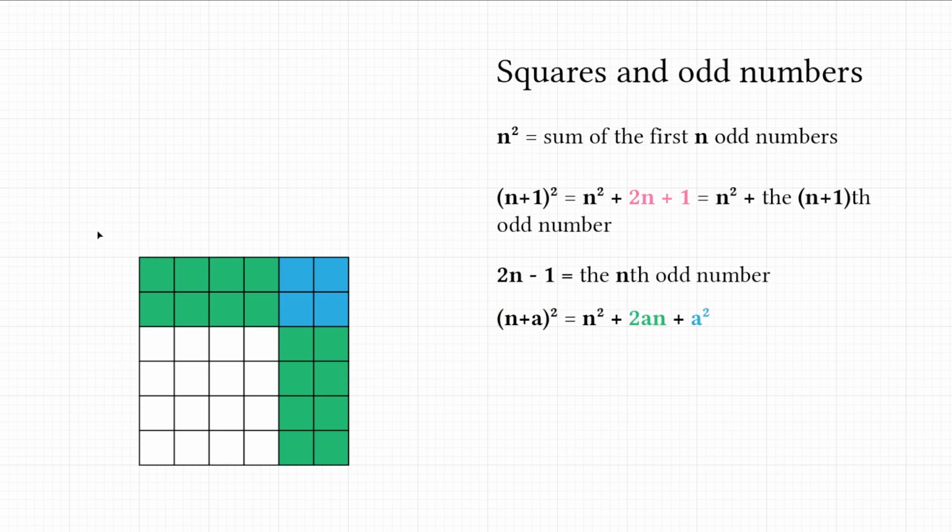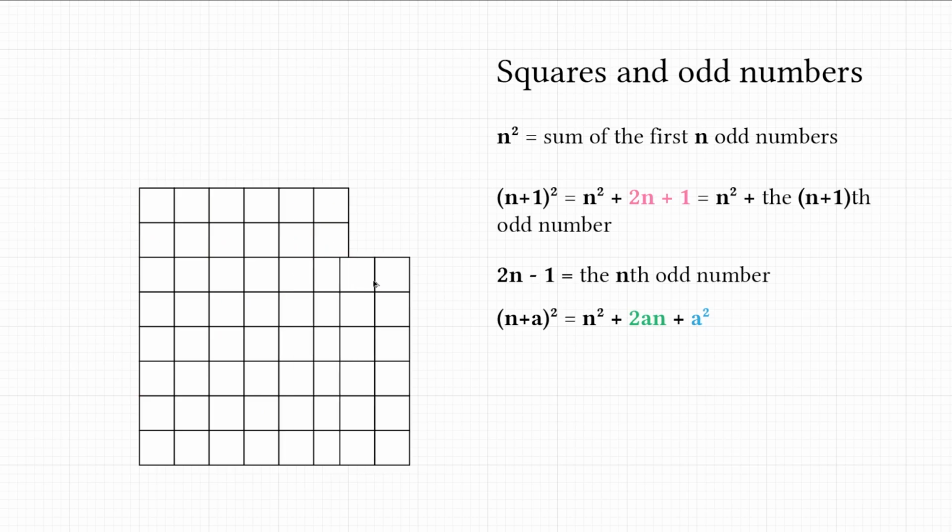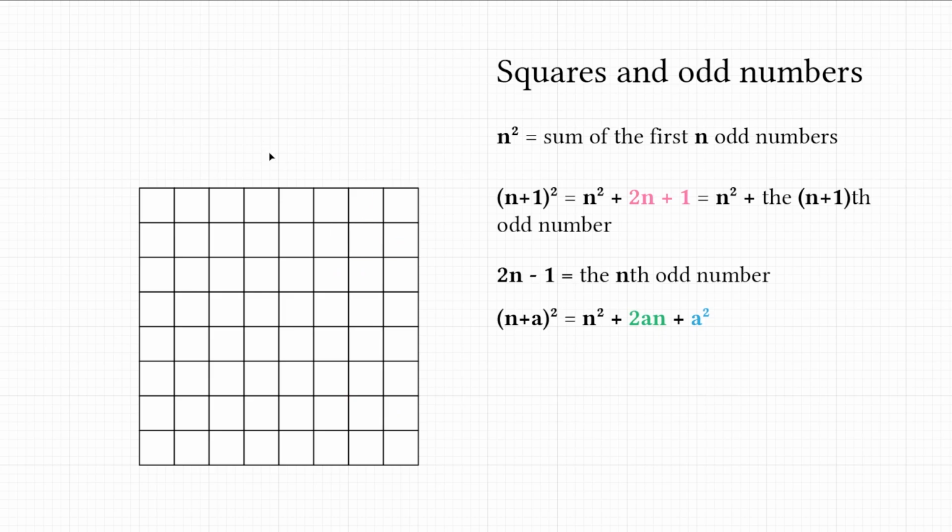And now that we know all this, we can finally move on to the original example, in fact, the 8 by 8 square. I'll imagine this square to be an extension of a 7 by 7 square. So an 8 by 8 square is really 7 plus 1 squared.